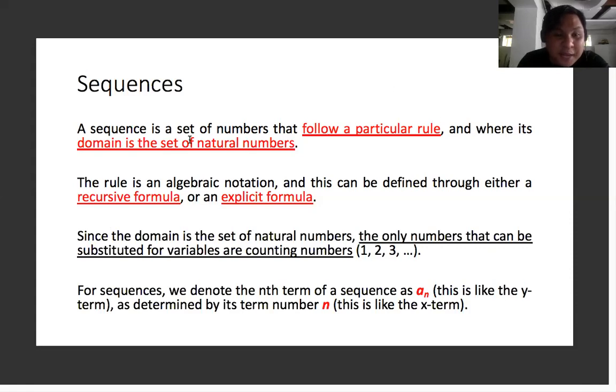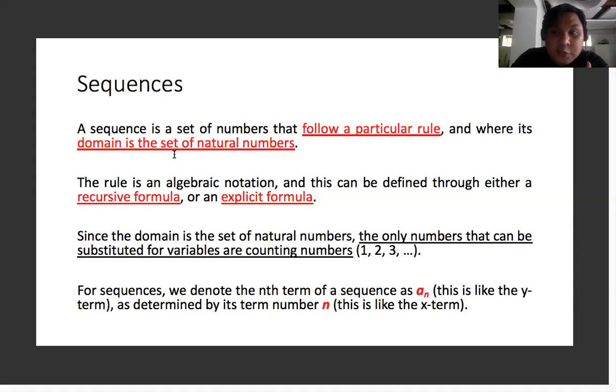And where its domain is the set of natural numbers. When you say the domain is the set of natural numbers, that means the numbers that you substitute for the variable have to begin with 1, then 2, then 3, then 4, and so on. Natural numbers are counting numbers.